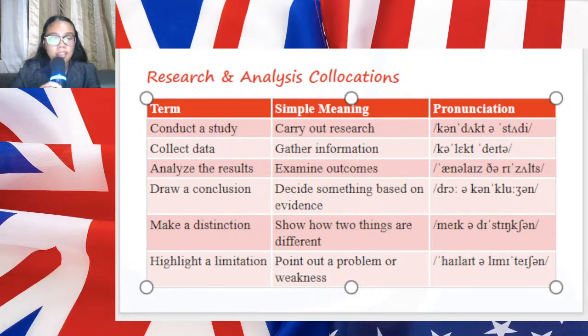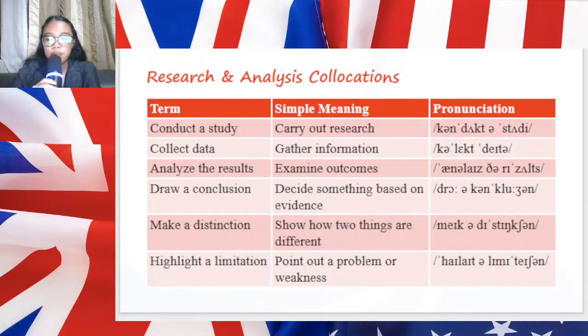And then ta, which has a clear A diphthong sound. And then, of course, the tion spelling sounds like shun. So this is limitation, with the third syllable as its emphasis. So we say it together as highlight a limitation. Again, highlight a limitation. And that's the first set of words, collocations under research and analysis.